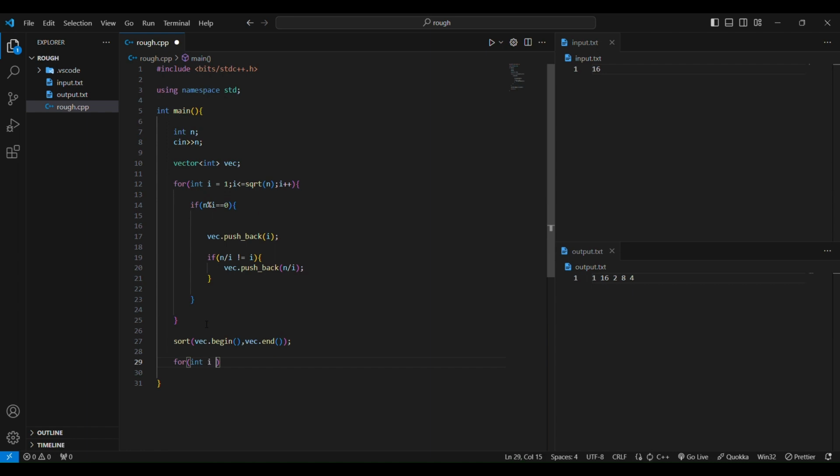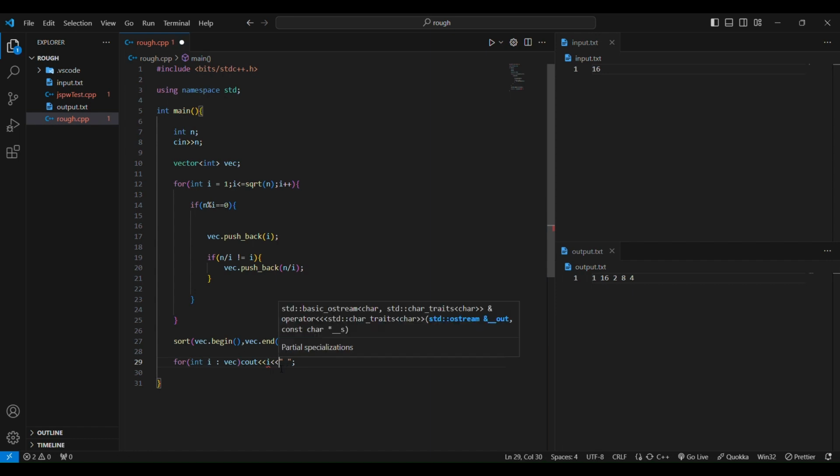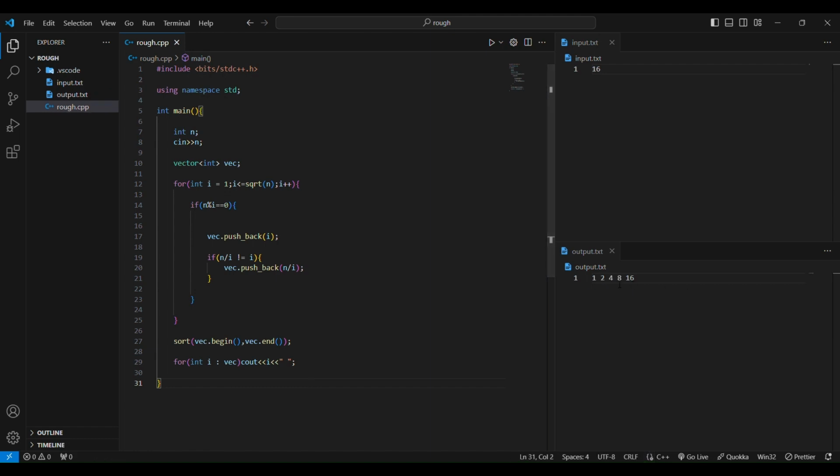And then using a for each loop, I'm just printing the I. If you don't understand this, don't worry, it's a for each loop. So let's just run this. Okay, there is a mistake. Okay, see, now 1, 2, 4, 8, 16. So that's how you will be solving this problem.